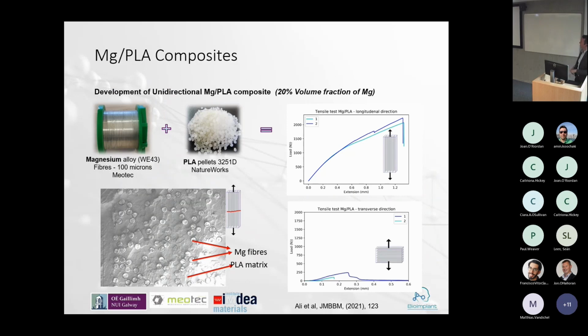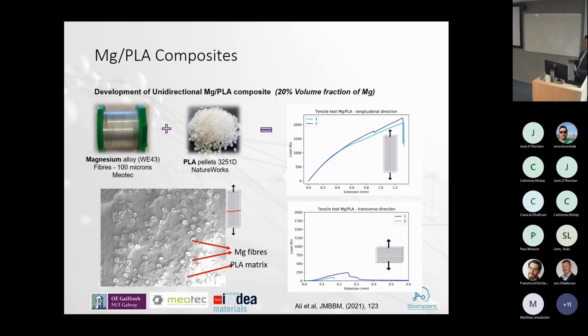Within this bioimplant project as well, there's some other nice work taking place where some of our partners are looking at developing magnesium PLA-based composites. I mentioned at the beginning that you have magnesium, which corrodes very quickly, and you have polymers which have a much better control of degradation behavior.